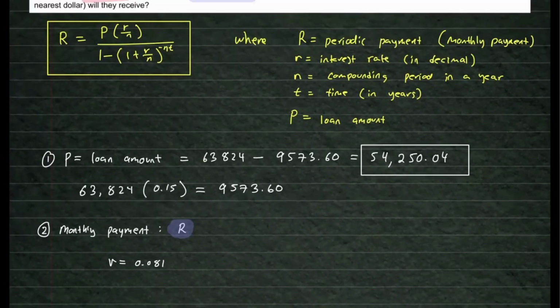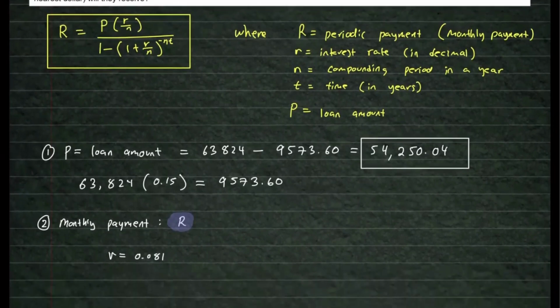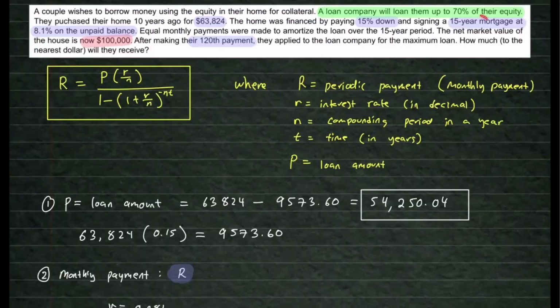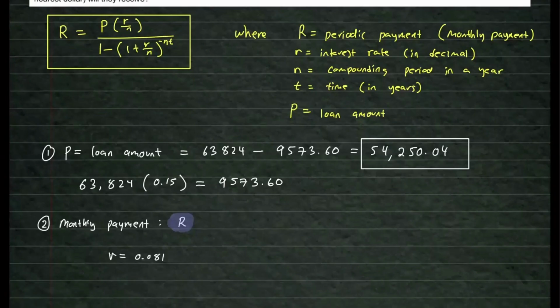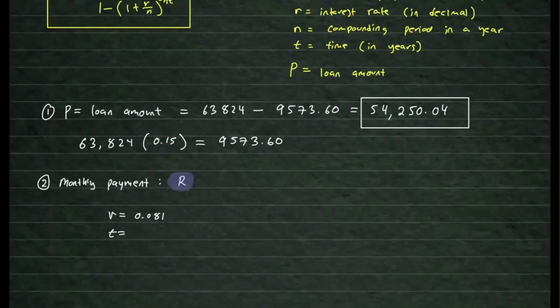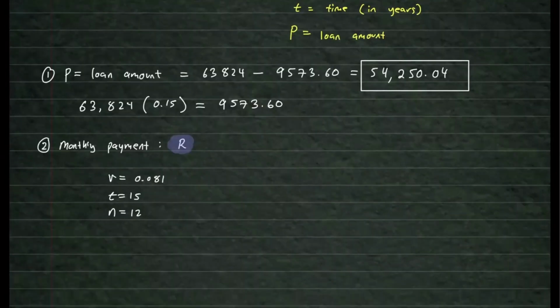They're taking a mortgage for 15 years, so as you can see here, t is going to be 15. With monthly payments, n is 12, since we're compounding the interest every month. With this, we can figure out what the monthly payment is. We also know our P value that we computed right here, which we're going to substitute: 54,250.04.